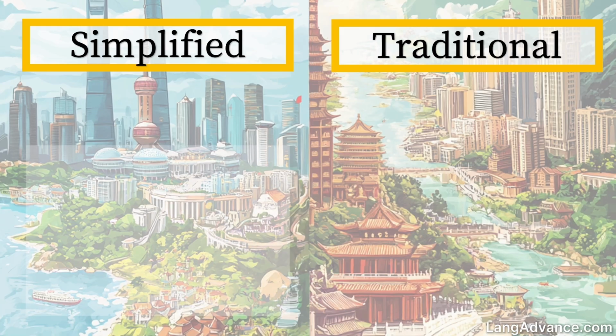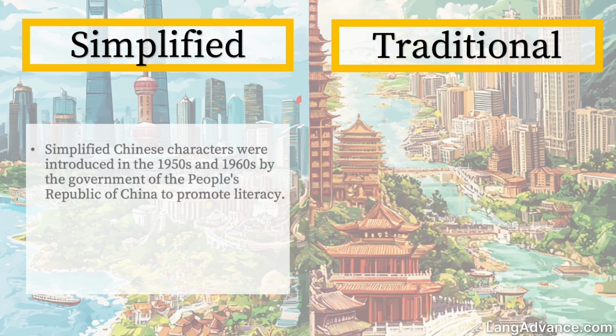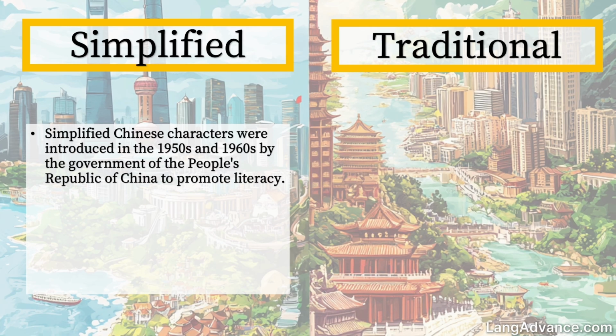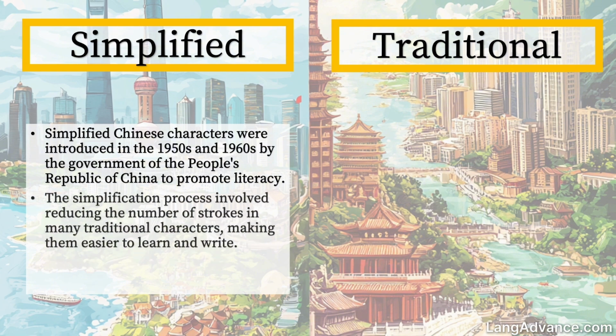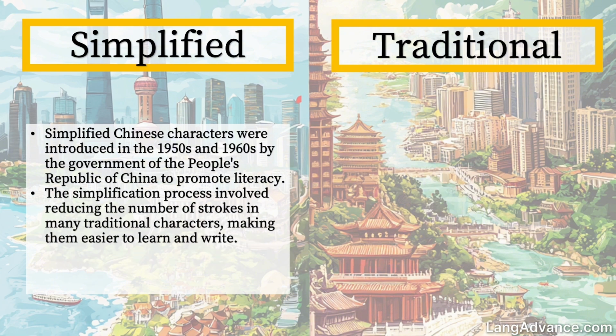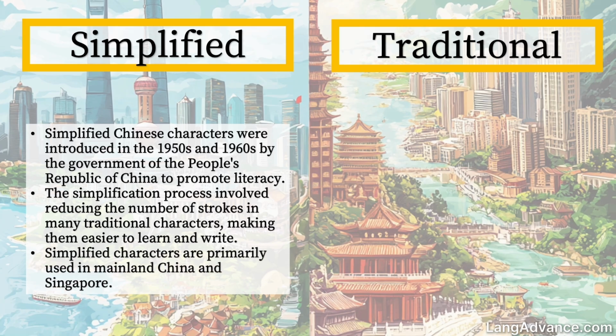In summary, simplified Chinese was developed in the 1950s and 60s to promote literacy in mainland China. The government simplified the number of strokes in many characters, making them easier to write and recognize. And most importantly, simplified Chinese is used primarily in mainland China, Singapore, and Malaysia.